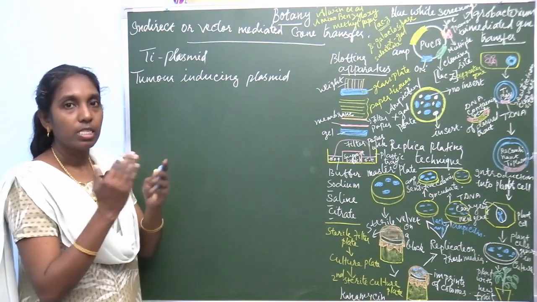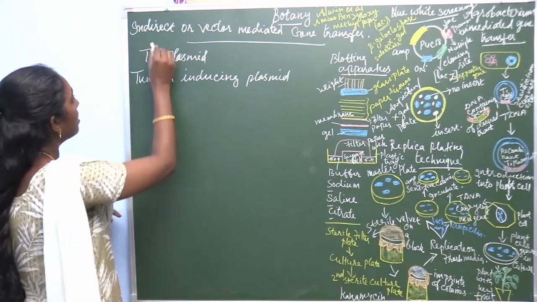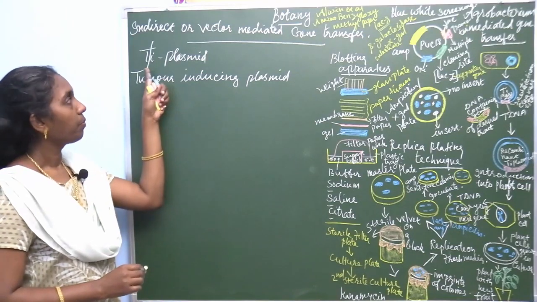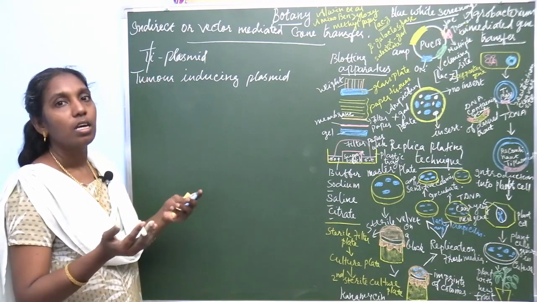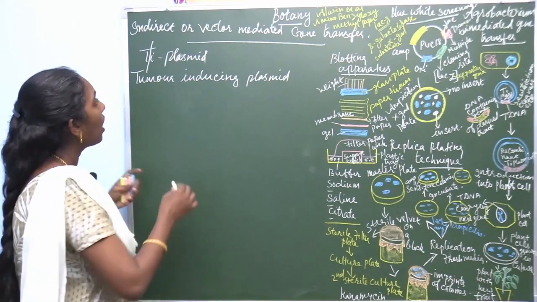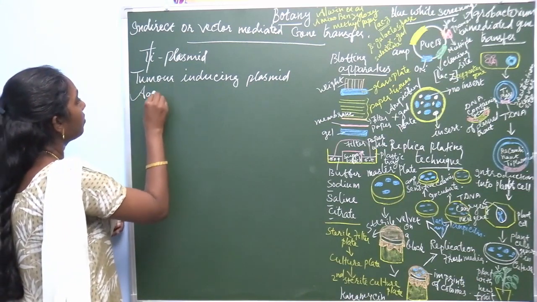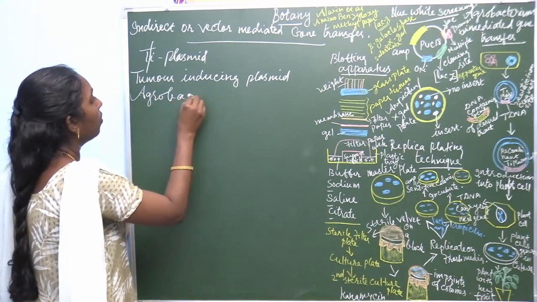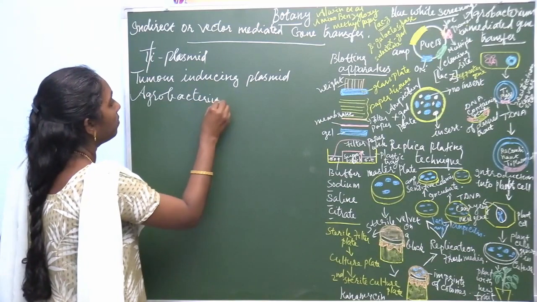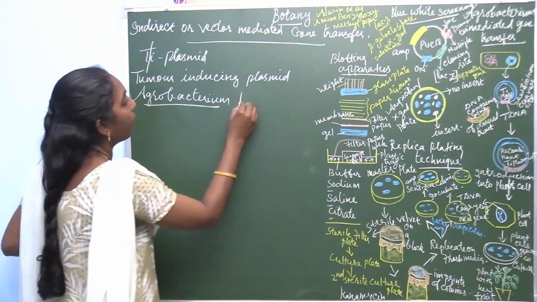This Ti plasmid is derived from Agrobacterium tumefaciens.